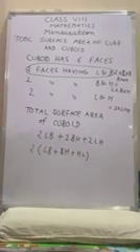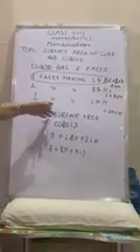So this is the formula for the total surface area of a cuboid.